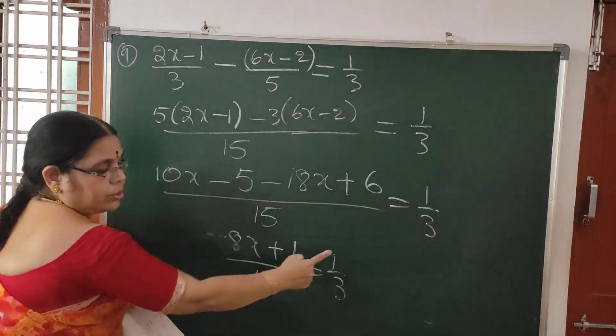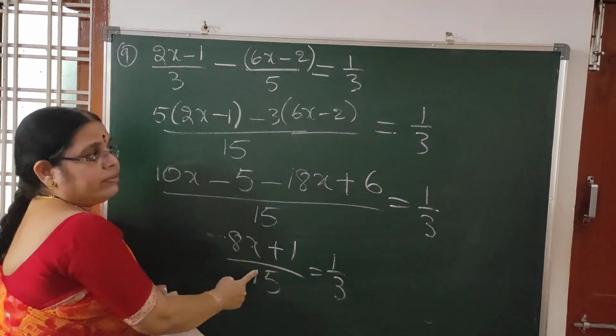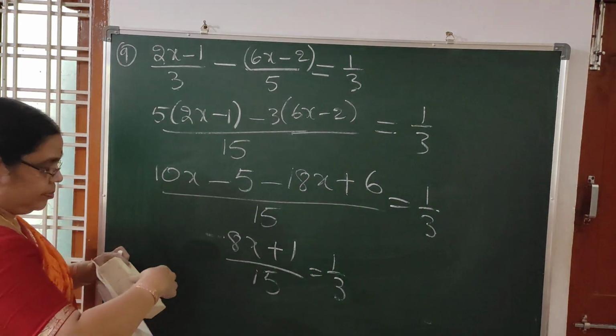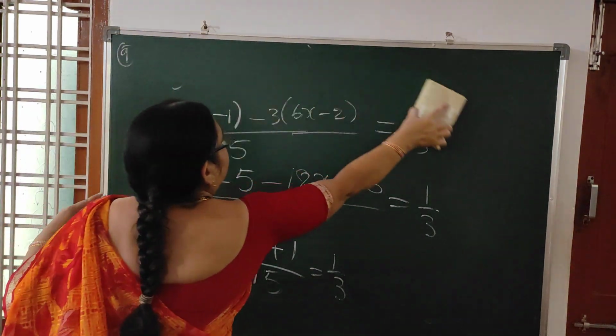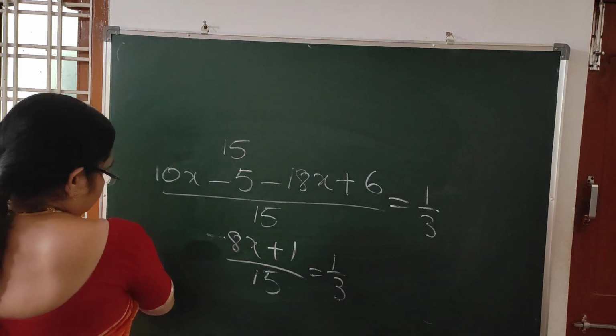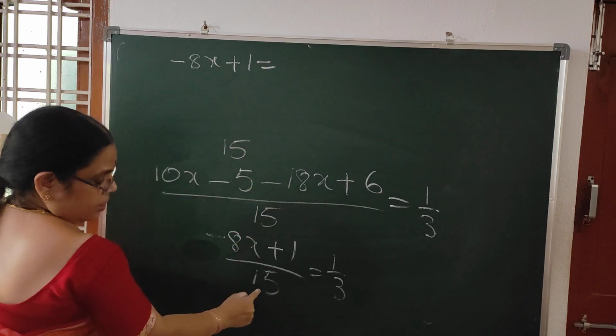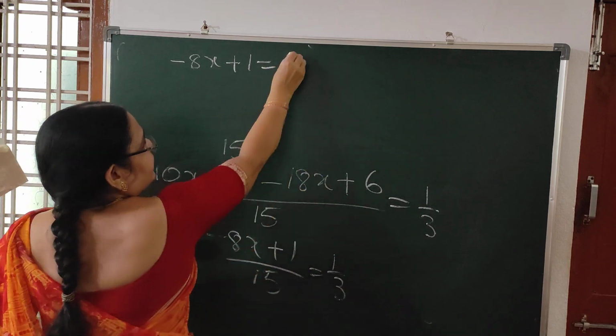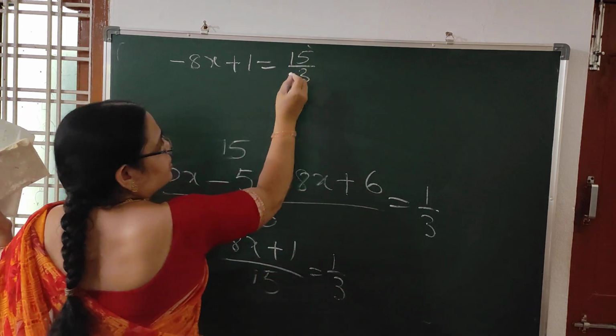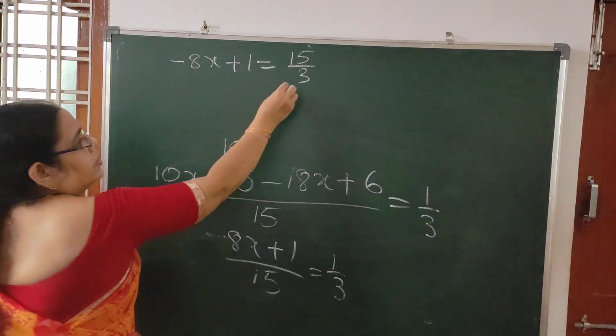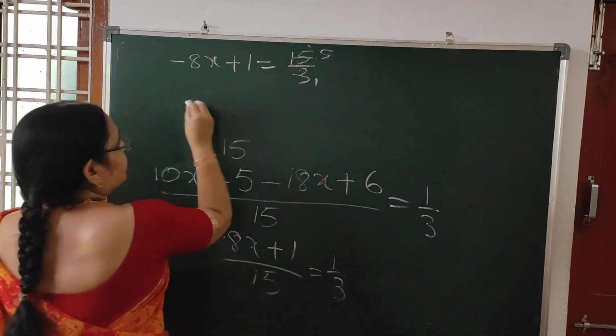So this 15 will go to that side. Here it is division; when it goes to the opposite side it becomes multiplication. So what do you get? Minus 8x plus 1 is equal to 15 going that side, so 15 by 3, which is 5.